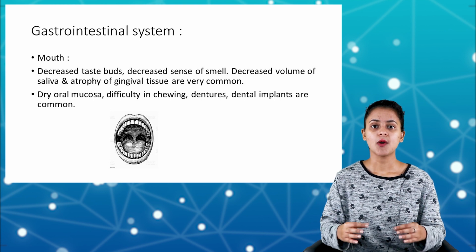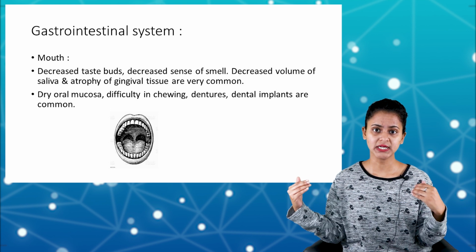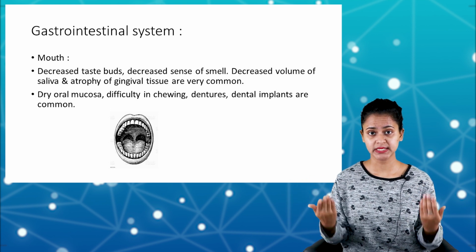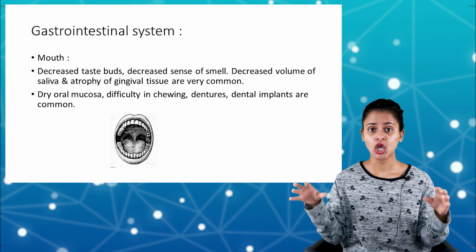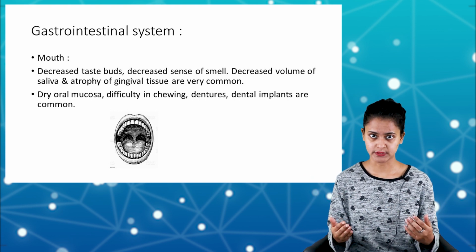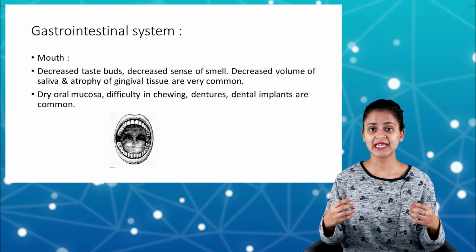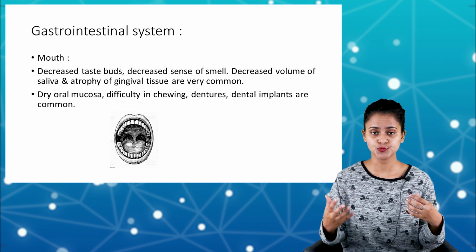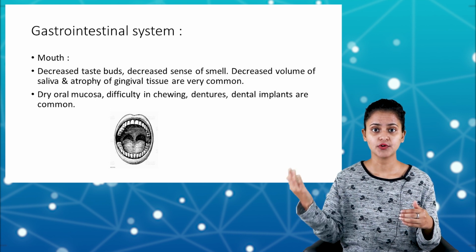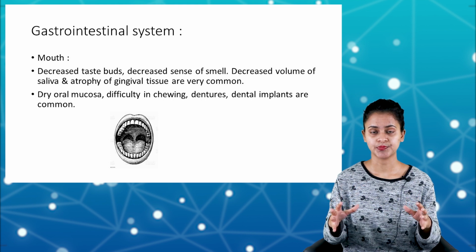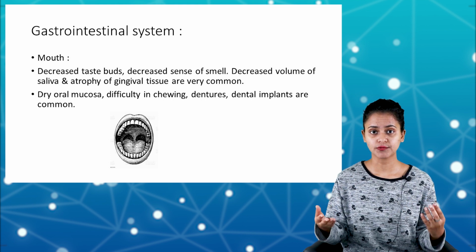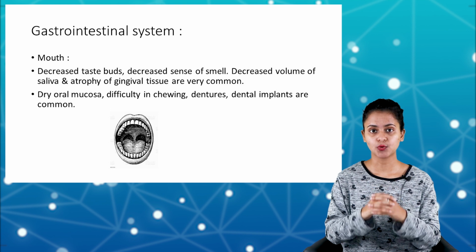That is the reason most of the old age people will be complaining about anorexia or loss of appetite often. Atrophy of the gingival tissues is also a very common finding among the individual. There will often be presence of dry oral mucosa.